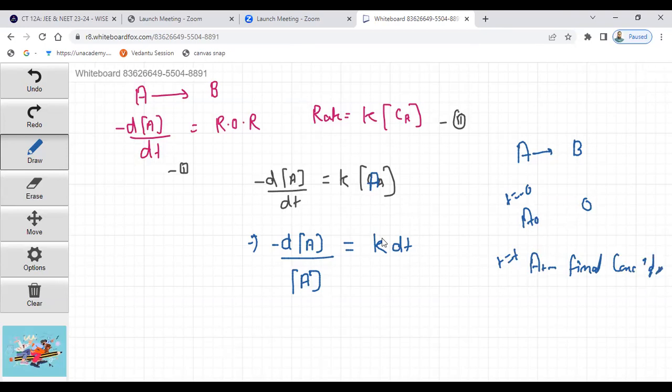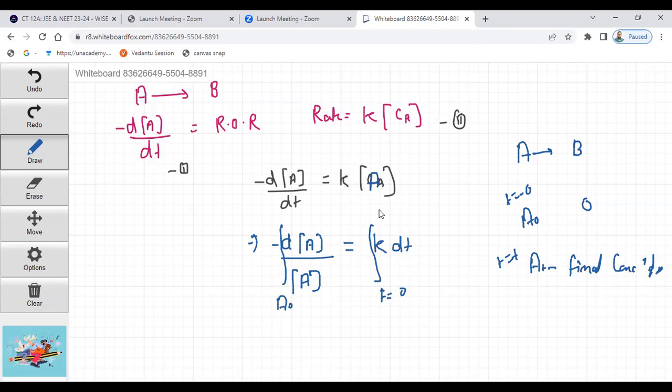So if you integrate both sides, the first equation is minus dA by dt, the second is K into dt. What is the lower limit of concentration? At time t equal to 0, the concentration of A will be A naught.